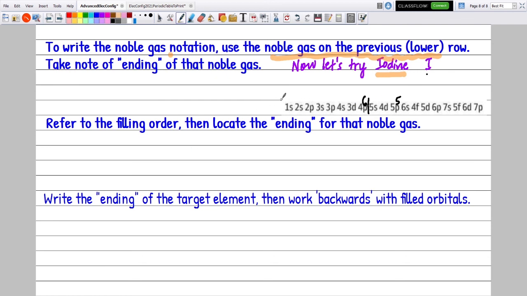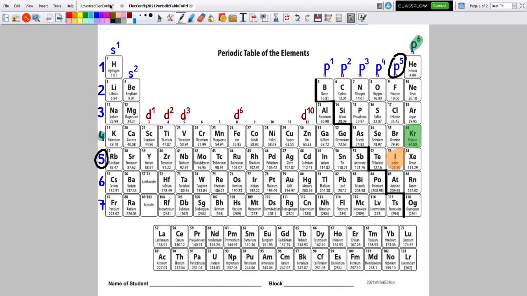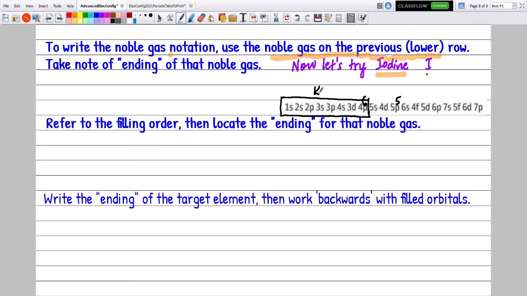So therefore, this portion, if you fill in all the orbitals, will refer to krypton. And then all you need to do is add the rest of this, filled of course, plus the ending, to understand the noble gas notation.